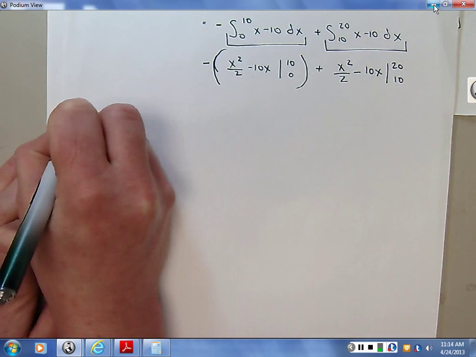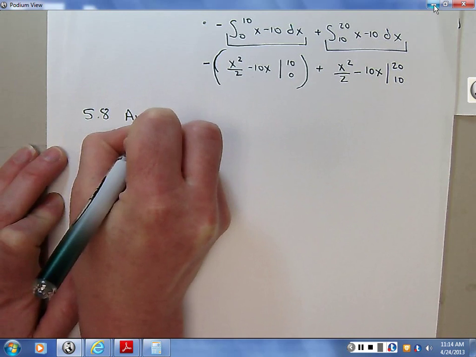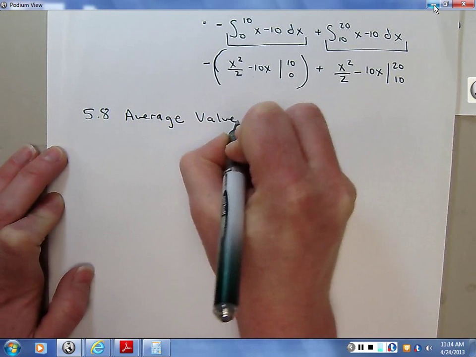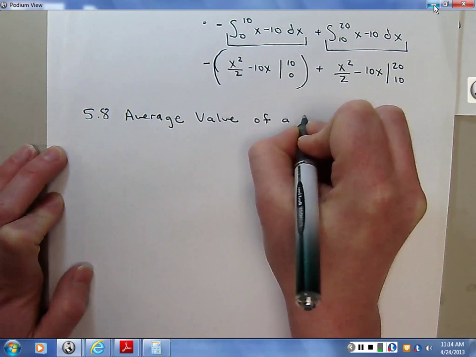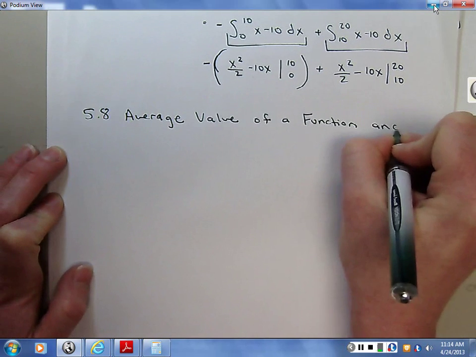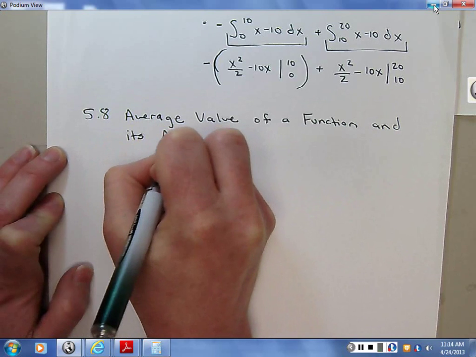So 5.8, value of a function and its applications. We don't get into too much of the applications.